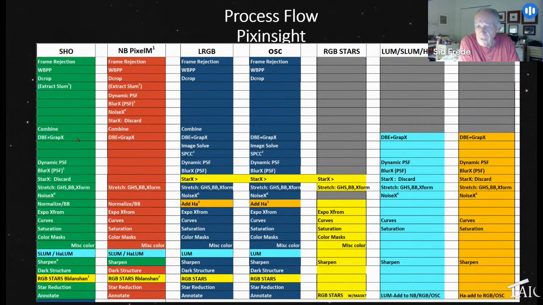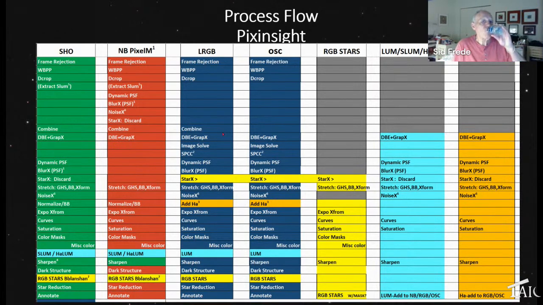And in really difficult gradient situations, you can run DBE after you run GraphX, perhaps, to fine tune it. In fact, I think it was just a few weeks ago, one of the gentlemen did a tutorial on GraphX. You mean Graxpert? Graxpert, yeah. That's what I call it. It's a great tool. It's worked very well for me, and I really like it.